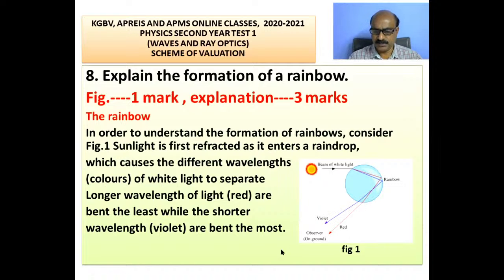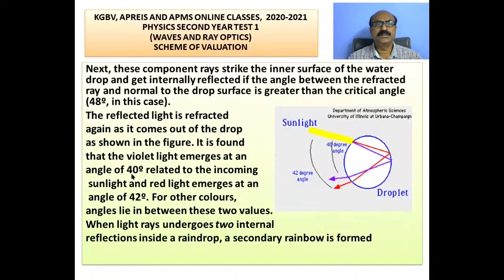And the next part is, these component rays strike the inner surface of the water drop and get internally reflected, if the angle between the refracted ray and the normal to the drop surface is greater than the critical angle, 48 degrees in this case.